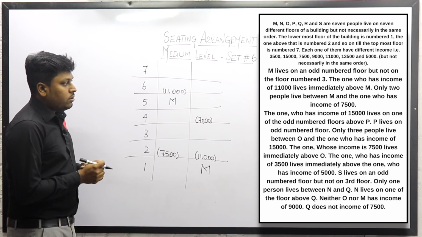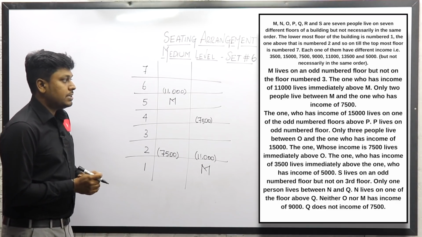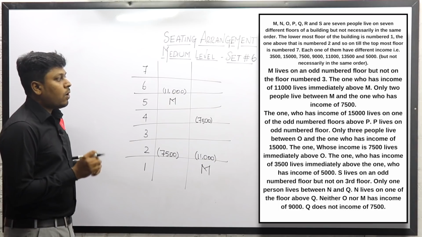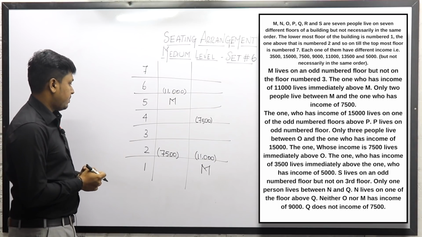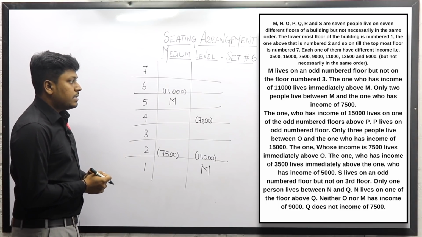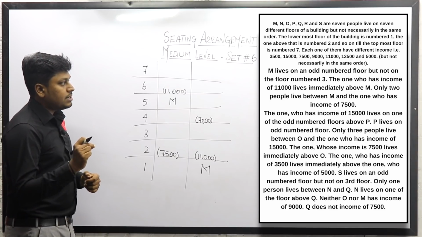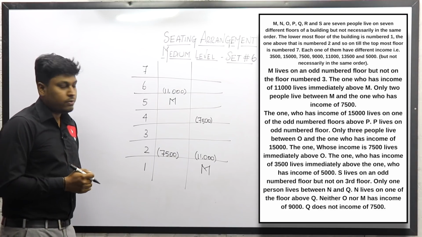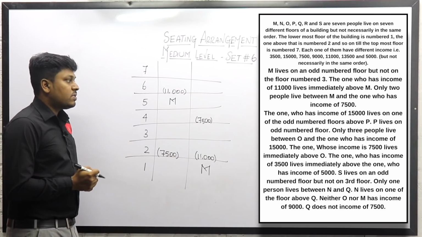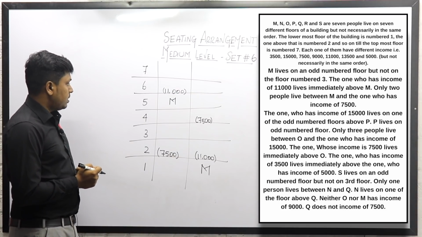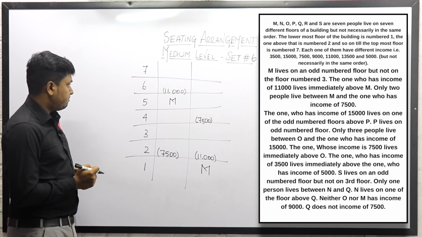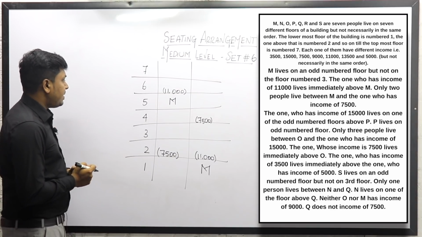Next point: the one who has an income of 15,000 lives on one of the odd number floors above P. What they are saying is that the person whose income is 15,000 lives on one of the odd number floors above P. P lives on an odd number floor. So let me take it as a note.